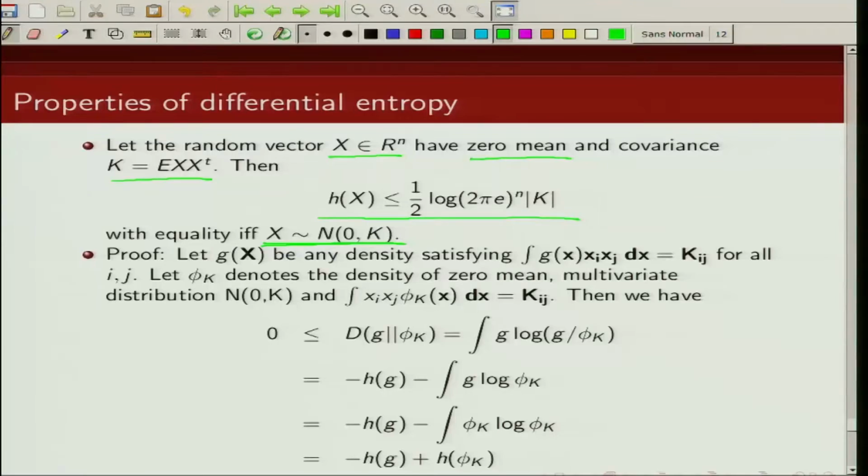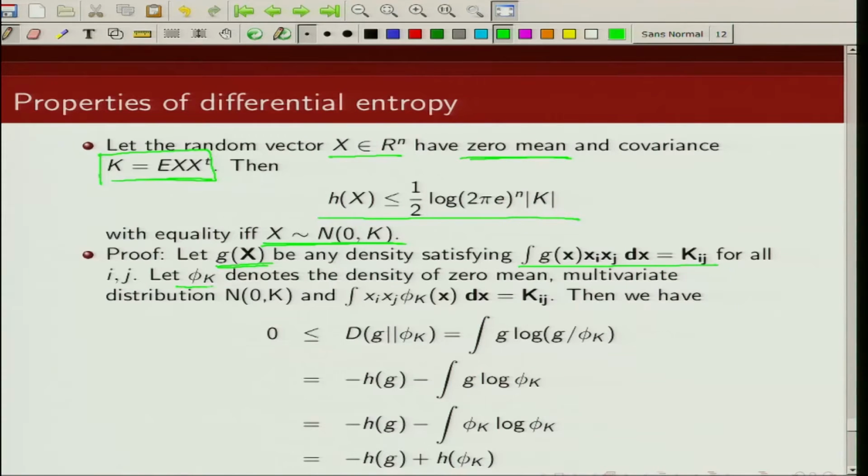Now how do we prove it? We have been given that the mean is 0 and the covariance is a fixed K. So let g of x be a density satisfying this condition. This is basically the covariance.